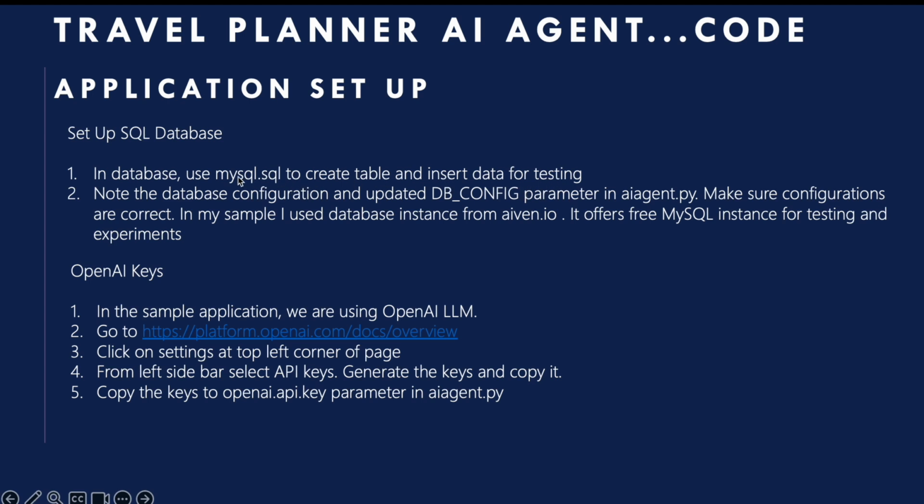In the code, I have given some sample insert statements also. You can refer to the mysql.sql file to get the create instructions, that is create table DDL, and also insert to put some data into your table. Note the database configuration, and update the db config parameter in AI agent.py.